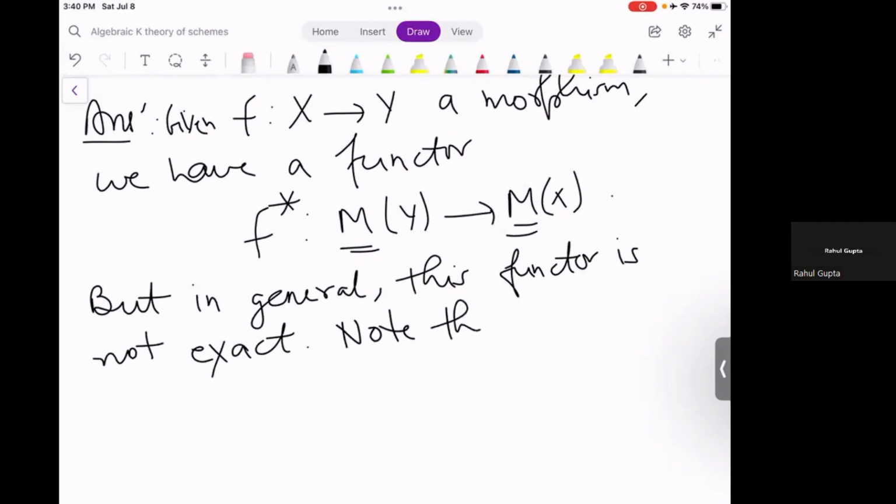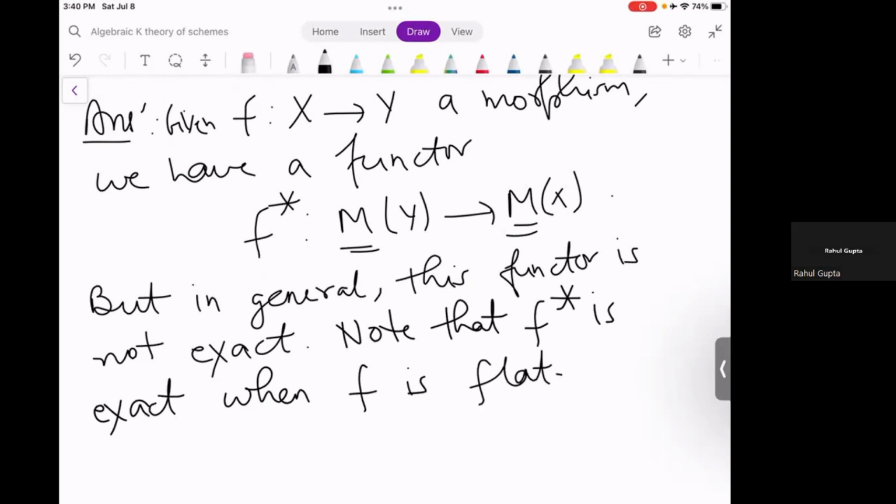Note that f^* is exact when f is flat. So our definition of flat morphism, you can take it to be such that this functor is actually exact. It takes exact sequences to exact sequences of all finitely generated O_Y-modules, or coherent things. Is it okay?